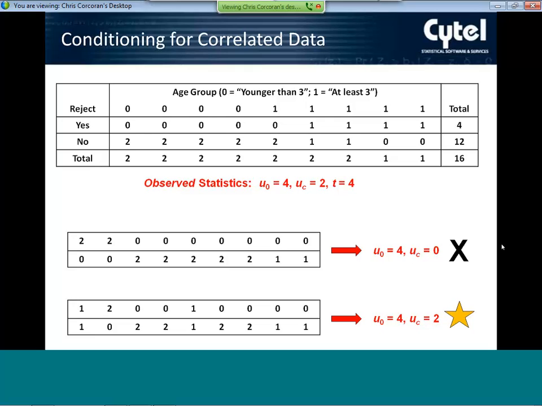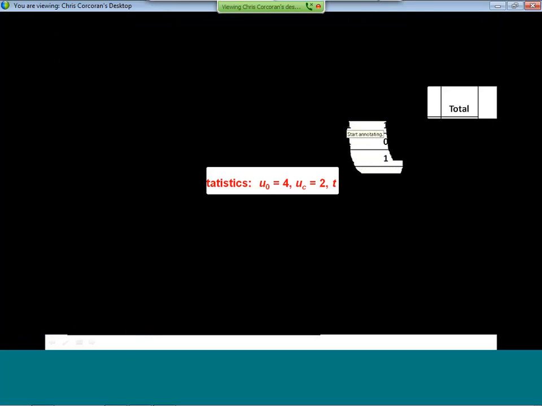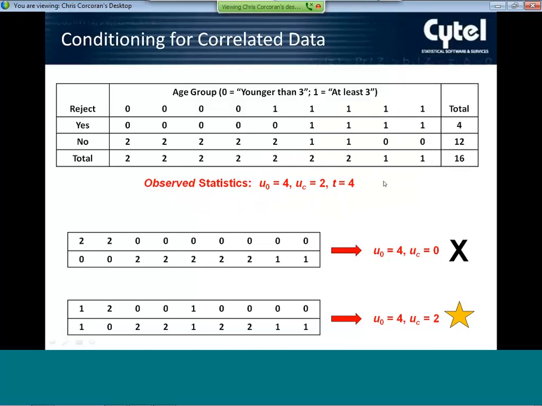So the way that we compute the exact p-value is we cycle through all of these tables. We find all tables with cell values that give us the same values for these 2 statistics that we observed for the observed data. And then we order them according to their test statistic, this t equals 4 that I'm circling with the cursor.